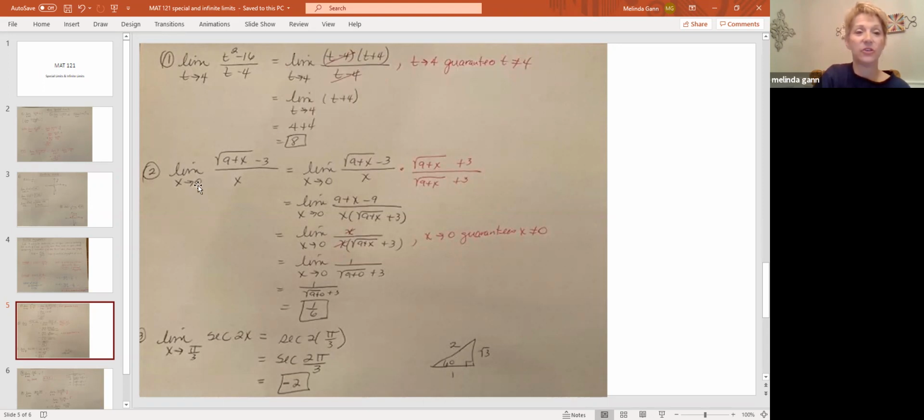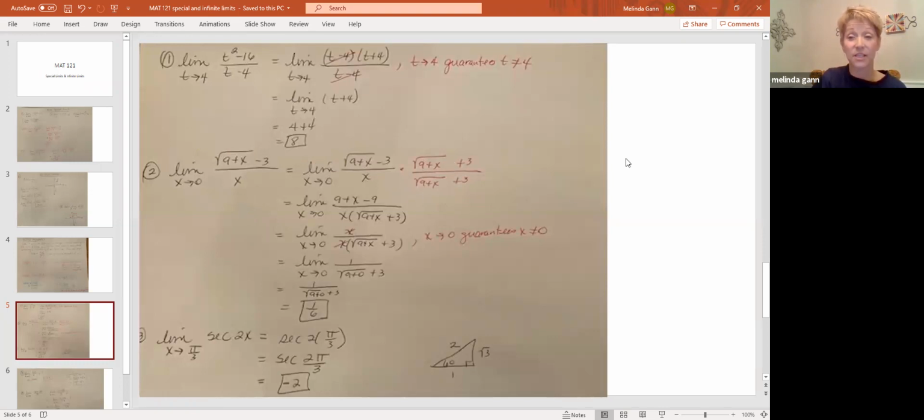Okay, this one, again, if you try to take 0 and plug it in for x, that bottom goes to 0, so you can't do that. So factoring doesn't help. I don't know how to factor this, but I notice it's got a root, so I use the conjugate. Now remember what the conjugate is. This part stays the same. I just change the minus to a plus. And if you multiply the top by that, you got to multiply the bottom by that. Now remember what I told you in that last video.